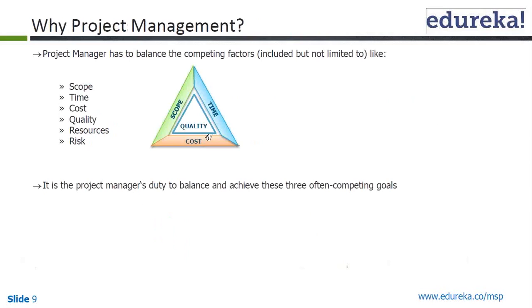So I have come back to slide number 9, which talks about the challenges in front of the project manager. The project manager has to balance the competing factors. There was scope, time and cost, which was called the triple constraint earlier. Now that is extended to quality, resources and risk.